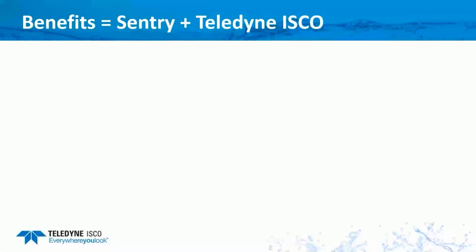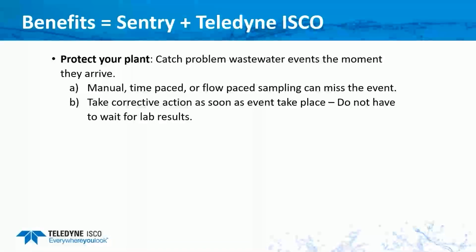So the benefit of applying an ISCO sampler and utilizing these configuration modes is that we can protect the plant by catching the problem at the time it begins. And again, manual time or flow-paced sampling can miss those events.